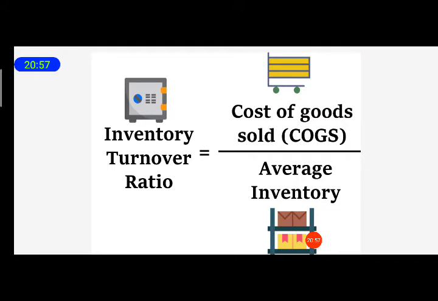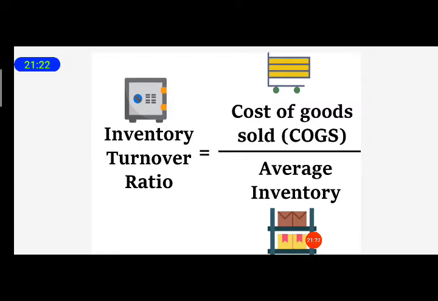Then the formula of inventory turnover ratio is cost of goods sold divided by average inventory. Cost of goods sold is equal to opening stock plus purchases plus direct expenses minus closing stock. And the average stock is equal to opening stock plus closing stock divided by 2.